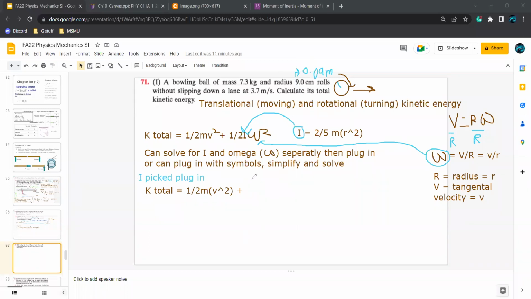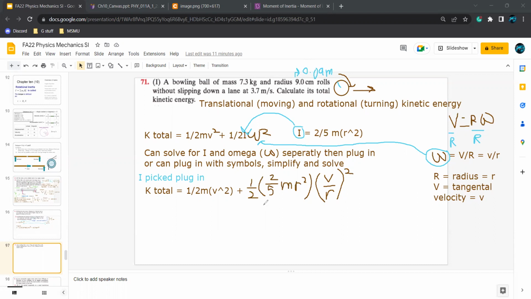So we had the 1 over 2 that was already there, and now we have the 2 over 5 from the I, and then the m r squared from the I. And then you have the omega value, which is v over r, and all of that is squared. Cool.